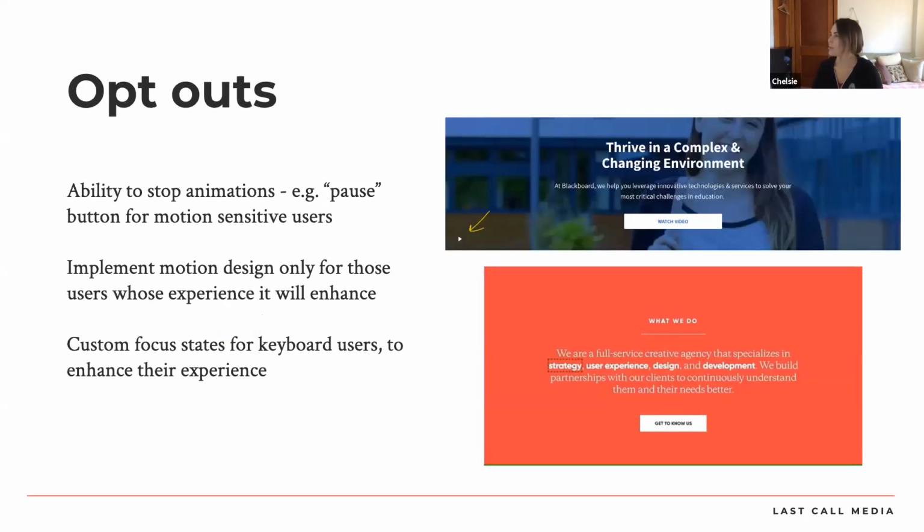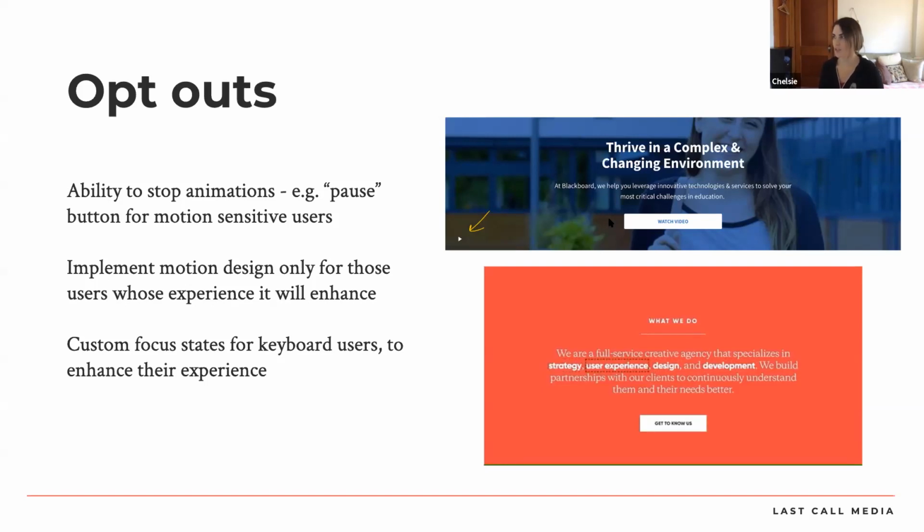So another way that we can keep accessibility in mind is through providing opt-outs. So the ability to stop animations, for example, a pause button for motion sensitive users. On this top banner here, this was a corporate site where they had a video playing in the background, autoplay when you load the page. It kind of fades in, and it was really theatrical and looked pretty cool.